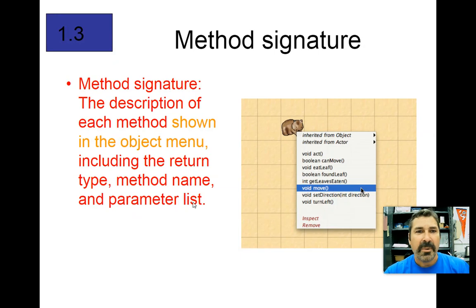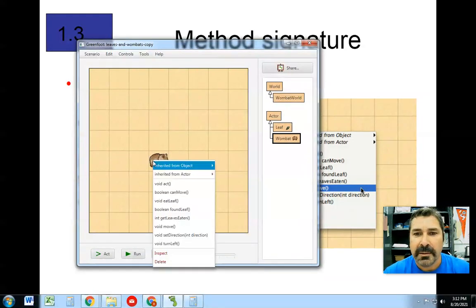What does that mean? If I right-click on this guy, this is the object menu, and I get the list of methods. This is the method signature, and it tells me that the name of the method is canMove. Its return type is boolean, which means it's a question that's going to be answered true or false, and it tells me inside here about the parameters. In this case, it has no parameters.